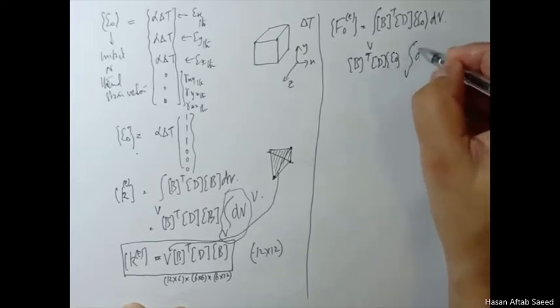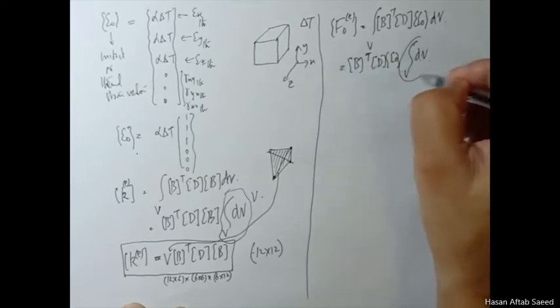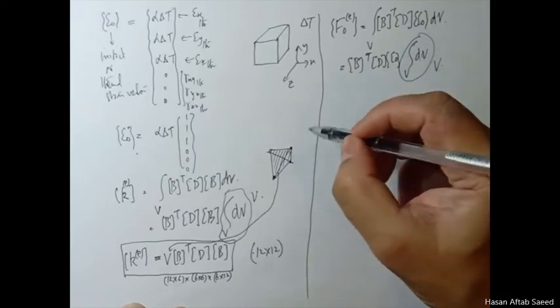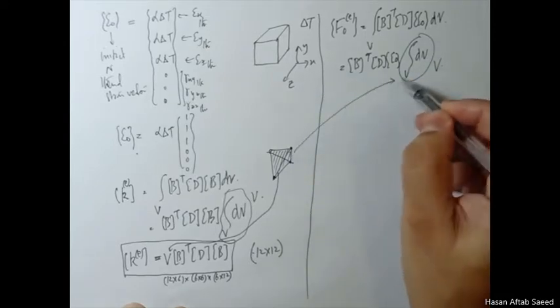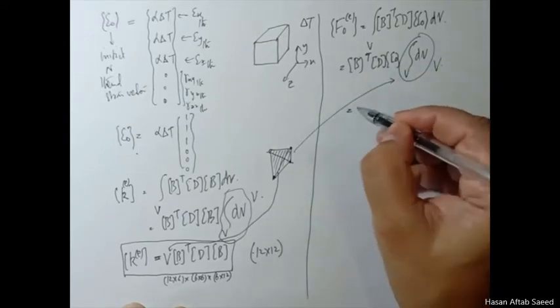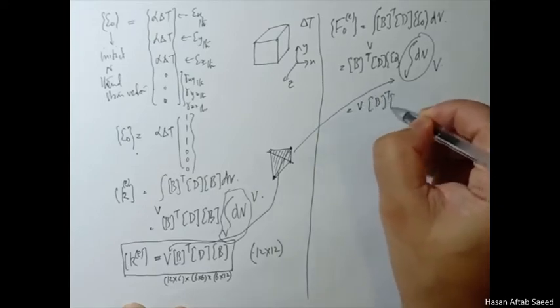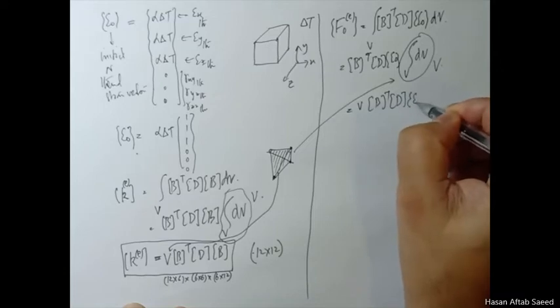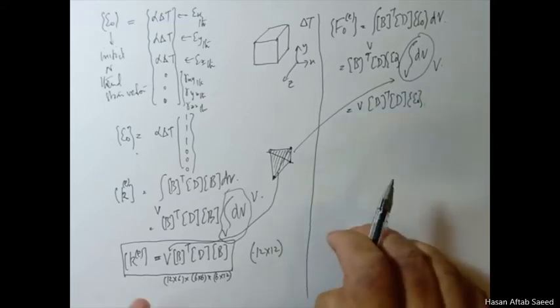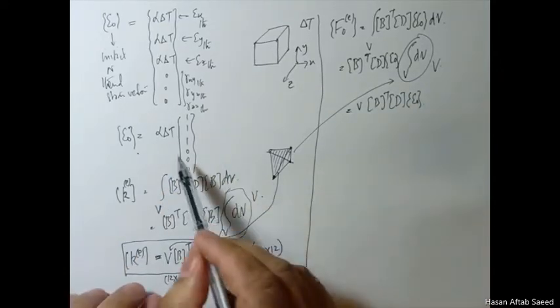So you end up with this sort of an expression. This is nothing but V, again the same V. So in the end you get V B transpose D epsilon naught. You already know what this is.